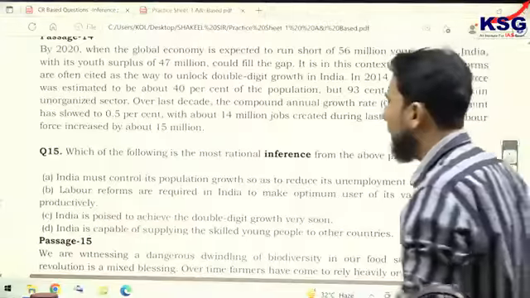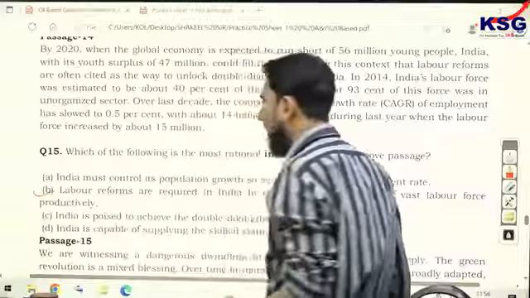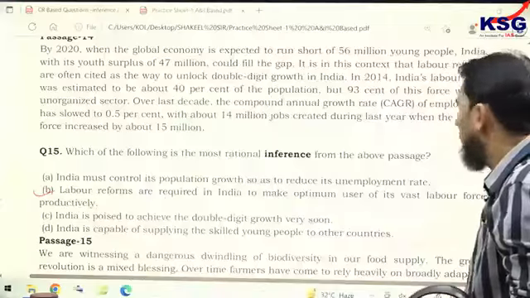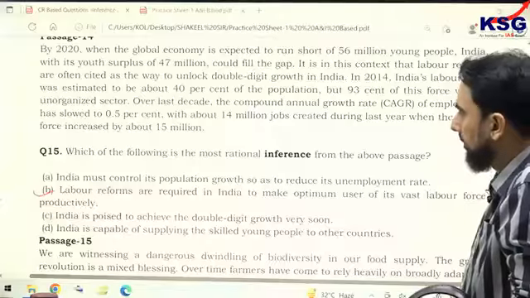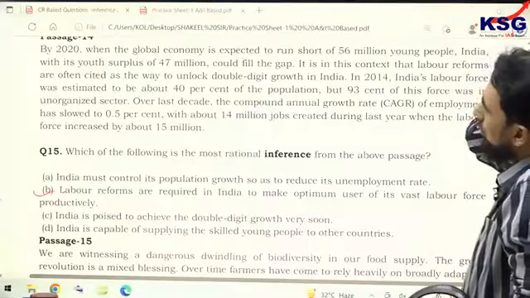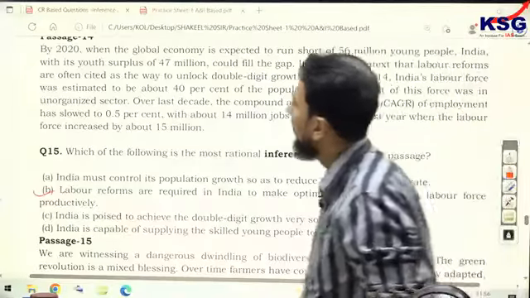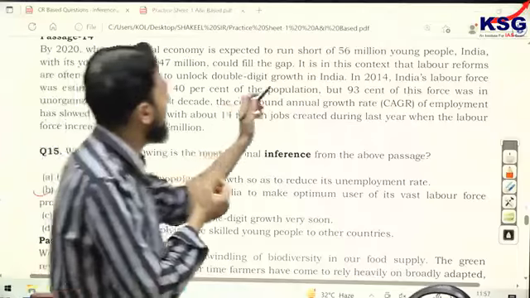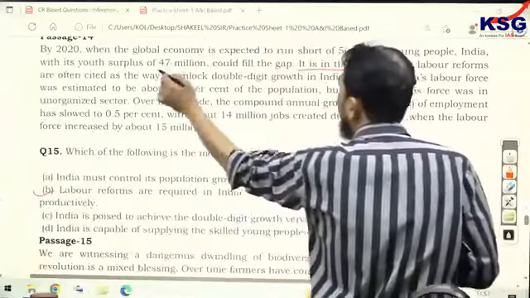In passage number 14, the answer should be B. Labor reforms are required in India to make optimum use of its vast labor force productively. You see, in this passage, by 2020, when the global economy is expected to run short of 56 million young people, India with its huge surplus of 47 million could fill the gap. It is in this context, but that can be done.